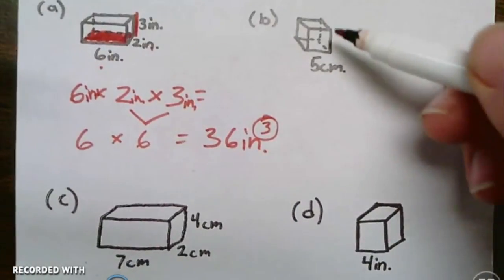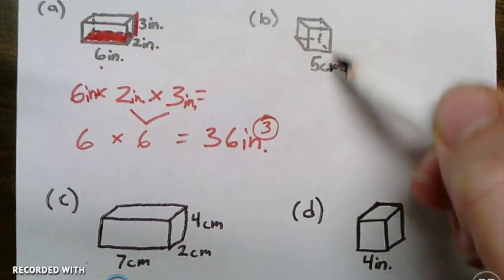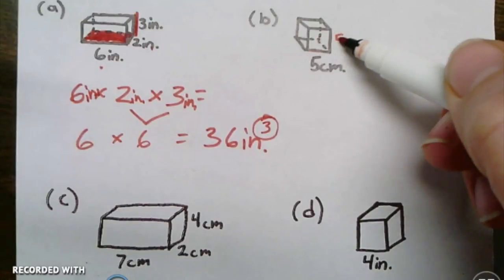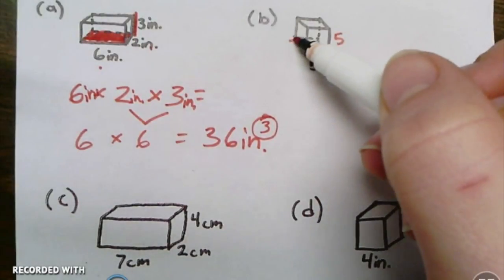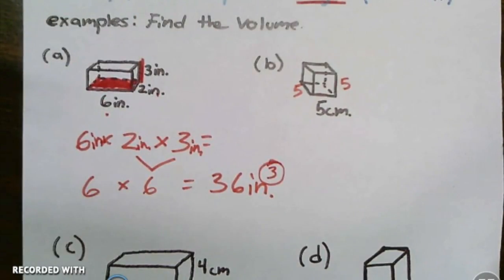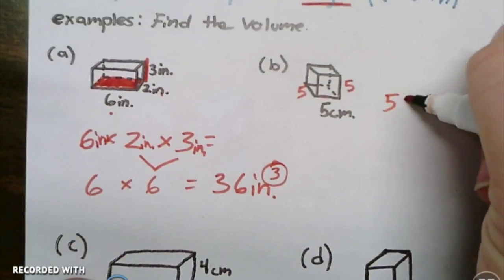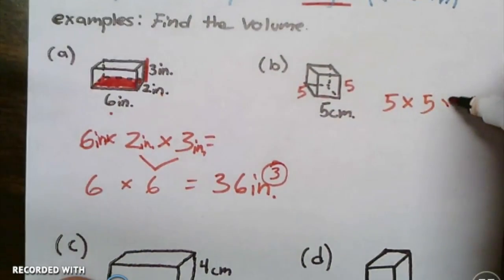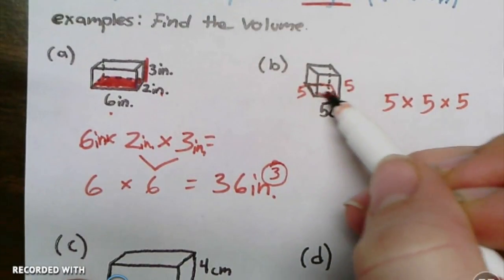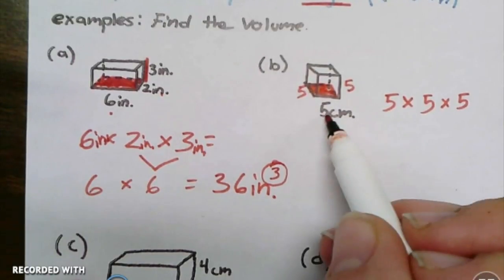So this one is a cube, and so all of these sides are going to be 5. We know this one is a 5. This one we know is a 5. And so what do you think I have to do? I'm just going to multiply 5 times 5 times 5. The area of the base, this square, would be 5 times 5, which is 25.